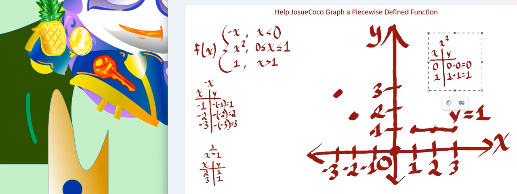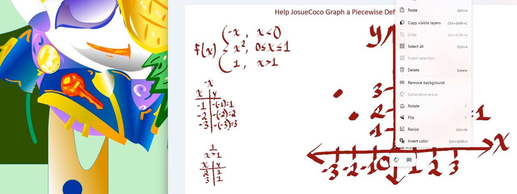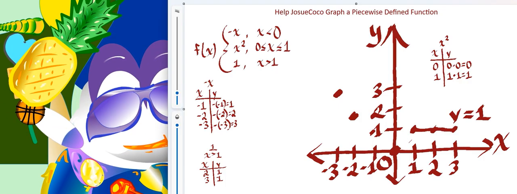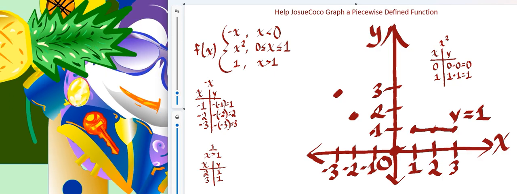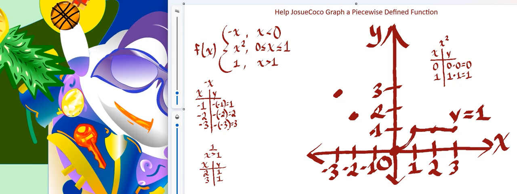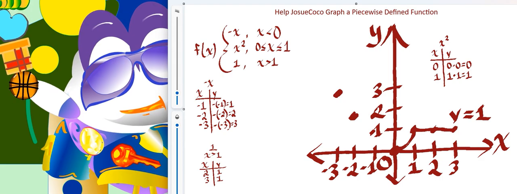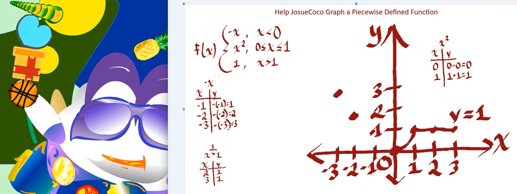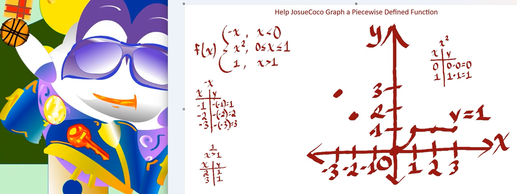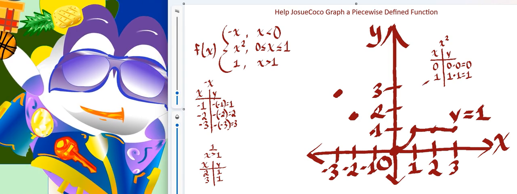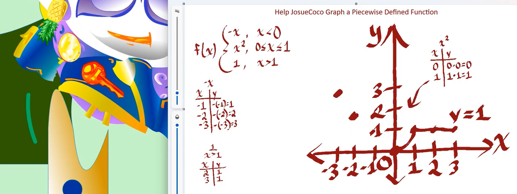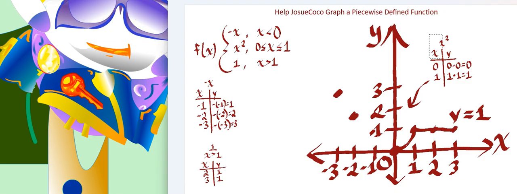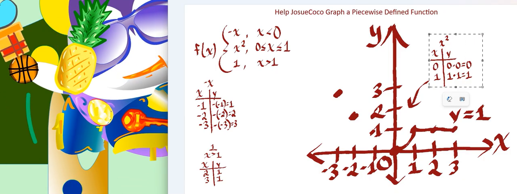Moving along, we have x squared. Granting us a nice curved line from 0 to positive 1. And this is x squared.